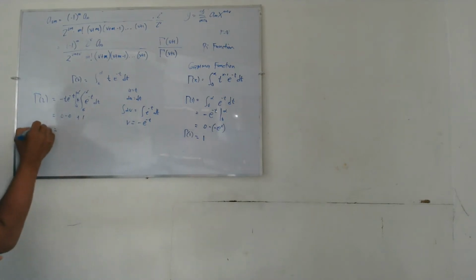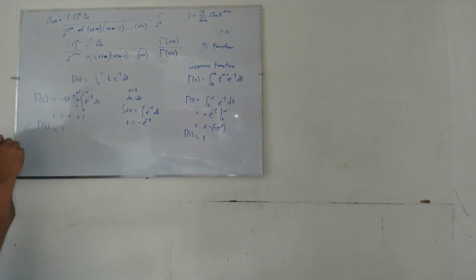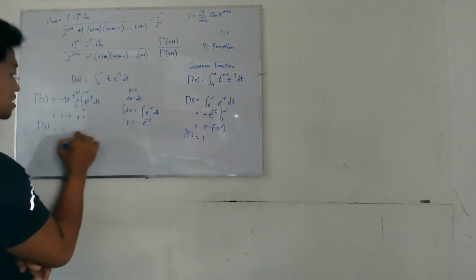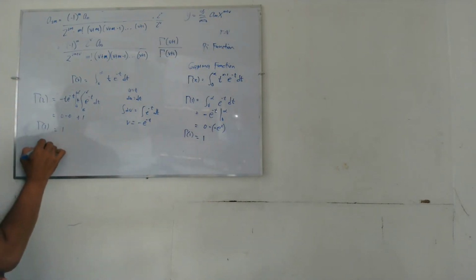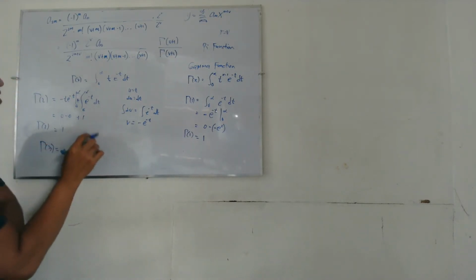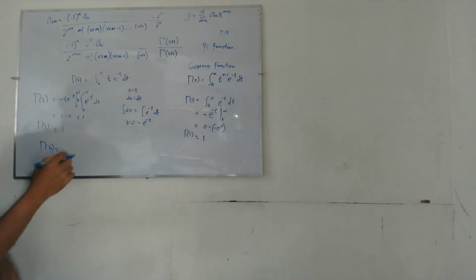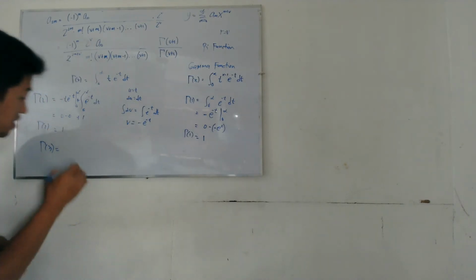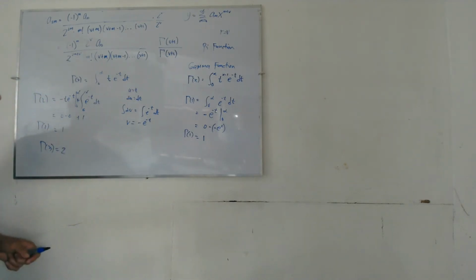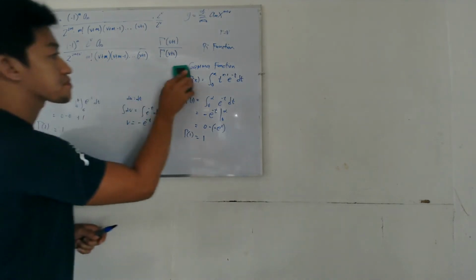So gamma of 2 is 1. Okay. Gamma of 3: we do the same, it becomes t squared, so the process is longer. Let's just write the answer. Gamma of 3 is 2. Okay, that's the reason.